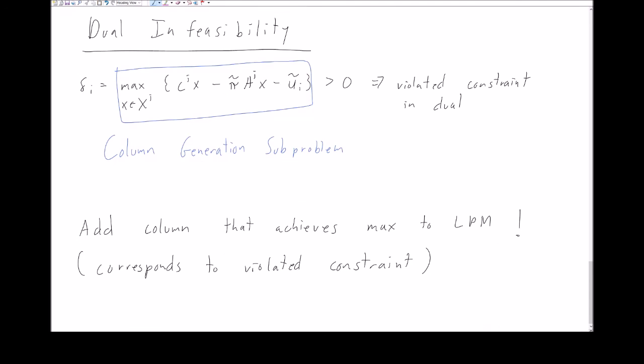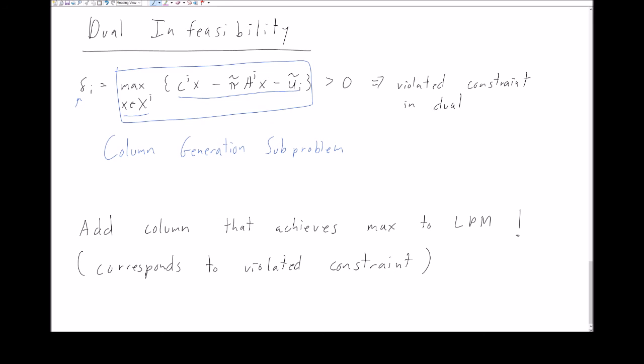Now we ask the corresponding question of what happens if we find that our dual is infeasible, and in particular that our master dual, the unrestricted one, is infeasible. In this case, we found our delta I, and delta I is found by maximizing over all feasible solutions in capital Xi of the amount of violation in our dual.